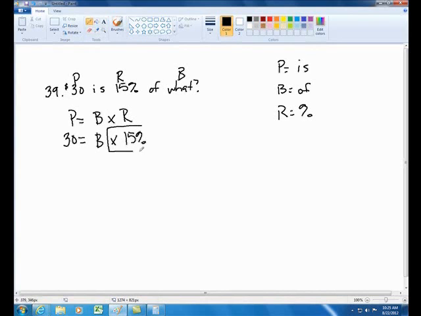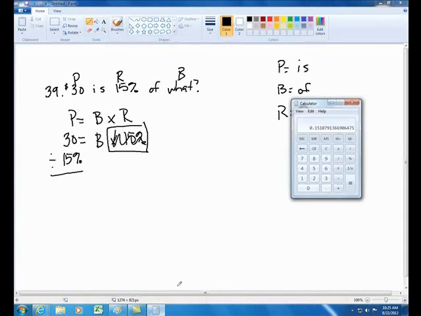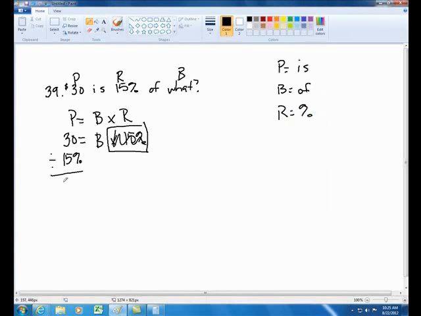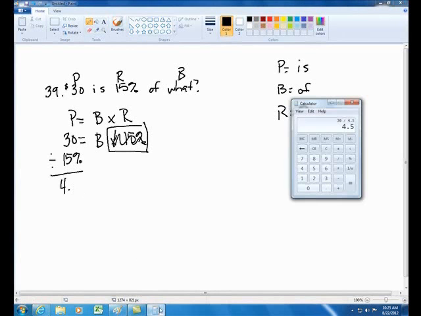Okay, it's being multiplied on this side. So when I bring it across, I'll do the opposite. I will divide. And that will leave me with B on this side and an equation on this side. So now I take 30 divided by 15%, and that gives me 4 point, no, that is not right.